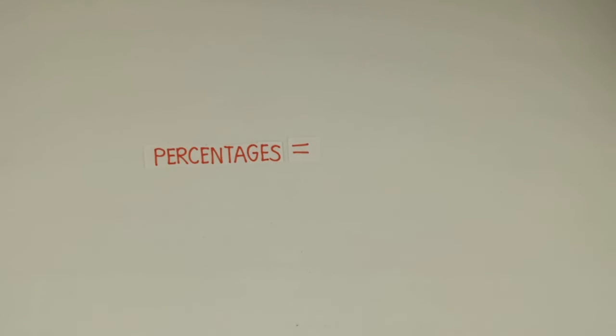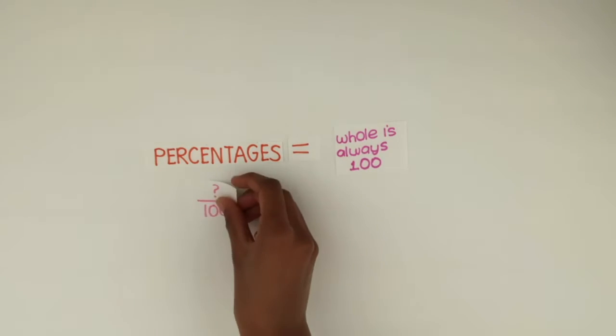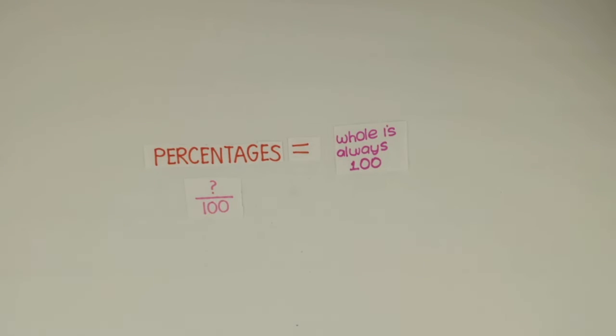A percentage is a fraction whose whole is always 100. Meaning that the denominator is always 100. For example, if we had the fraction 2/5, how could we find the percentage? By multiplying the numerator and the denominator by 20, we get 40 over 100, which is equal to 40%.